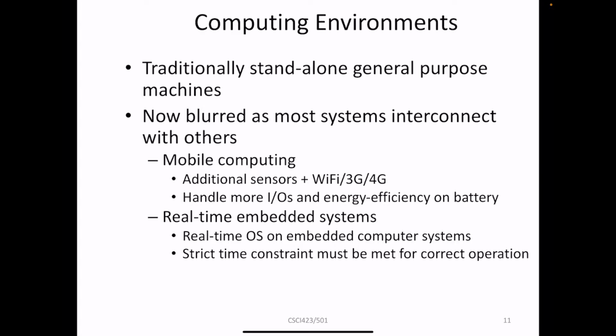However, nowadays the computing environment is quite blurred because most systems interconnect with each other. For example, mobile computing, such as our cell phones, smartwatches, and tablets, belongs to this category. In most cases, they are embedded with additional sensors such as a video camera, GPS sensor, gyroscope sensor, or accelerometer sensor, etc. For example, when you want to go to Memphis from Oxford, the GPS sensor can tell you where your current location is.